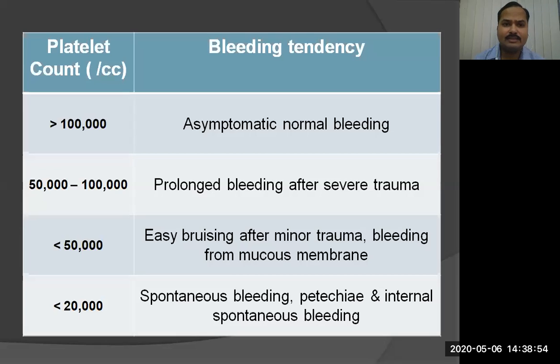Now these can be seen when we check the platelet count and suspect bleeding tendencies. If the platelet count is more than 1 lakh per cubic centimeter of blood, then there is no bleeding tendency, or there is asymptomatic normal bleeding which clots by itself in the given amount of time for a normal person.